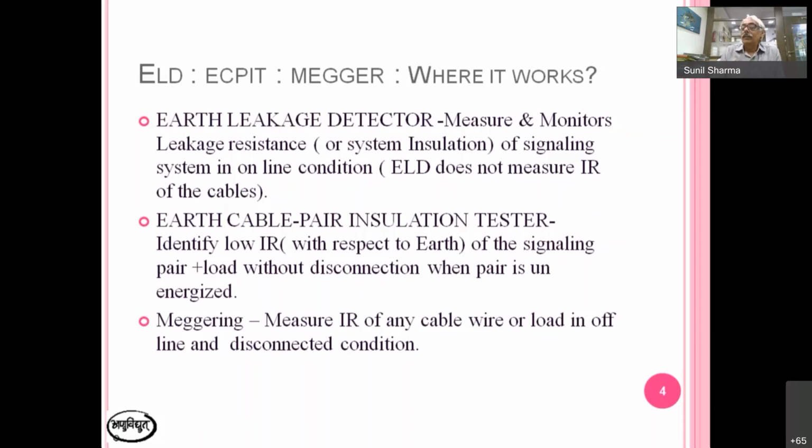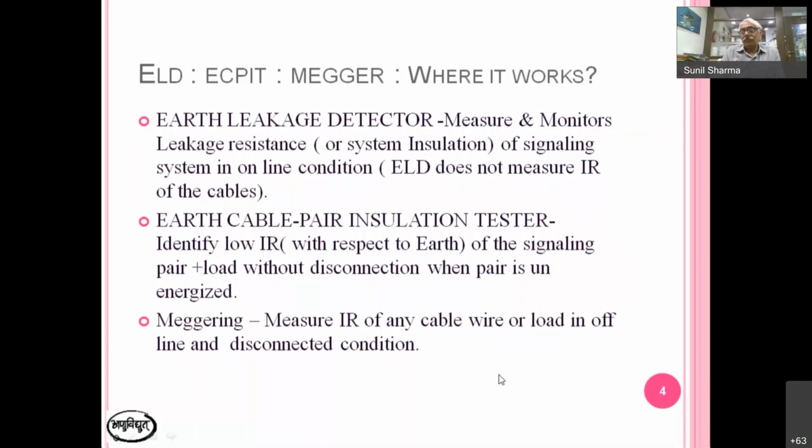It means it is a special kind of insulation tester which measures your pair plus load insulation without disconnecting, when the pair is not energized, that is, in off condition only. So it is a special kind of insulation tester, and it is safe also.